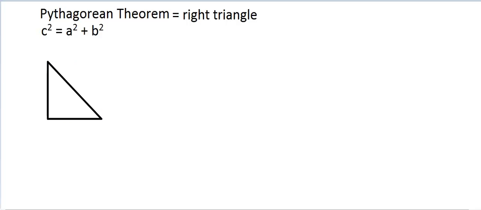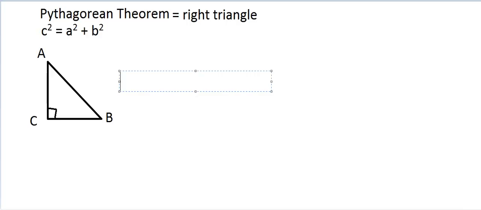Now, this angle here measures 90. While this is our A, that's angle A, angle B, and angle C.